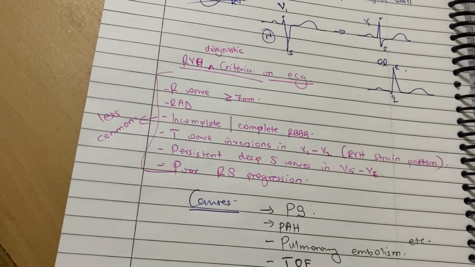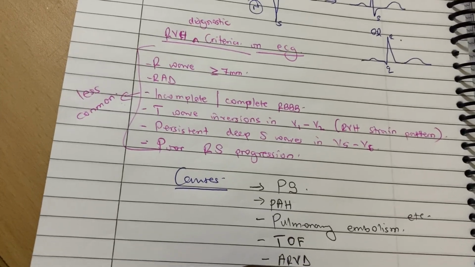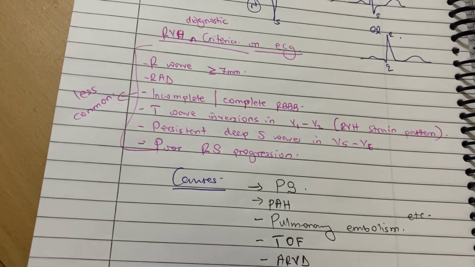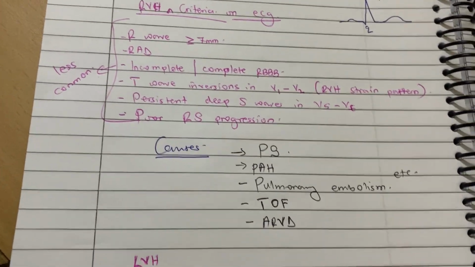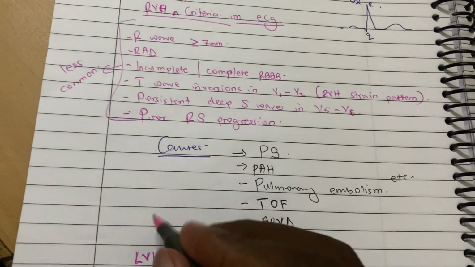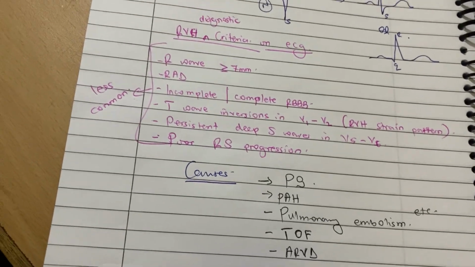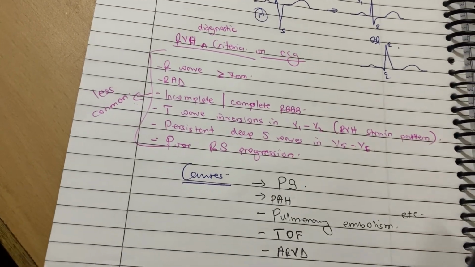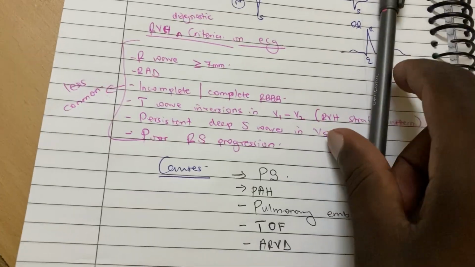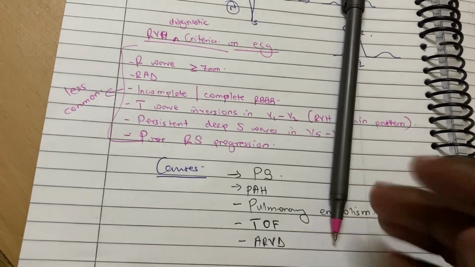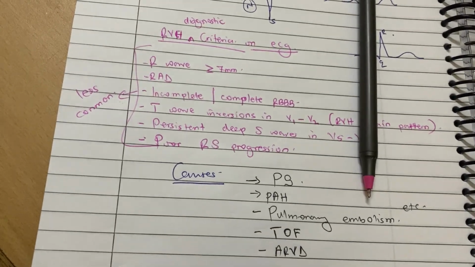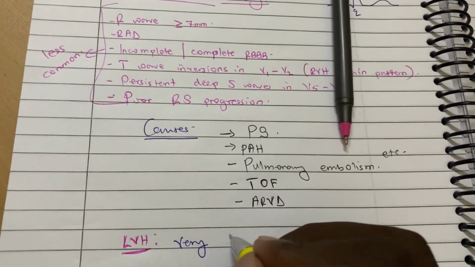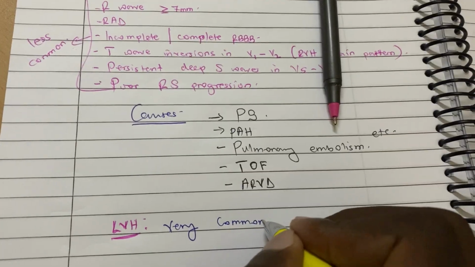The next thing is going to be LVH. Like RVH, LVH is just an increase in thickness or cavity size of the left ventricle. Again, which leads are we checking? This one is very, very big, important and very common.